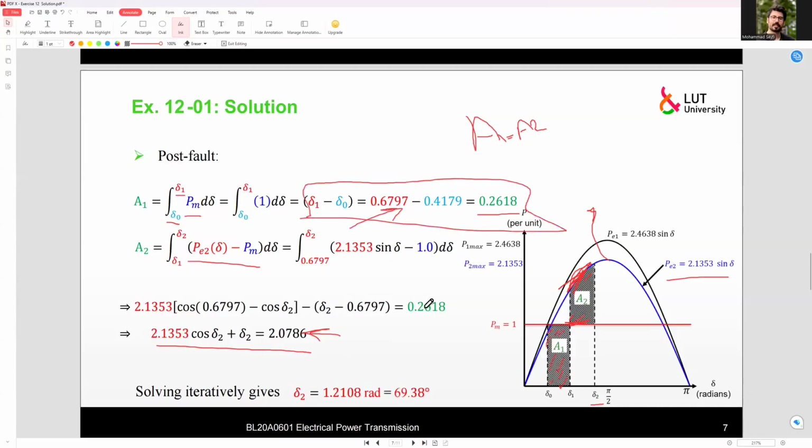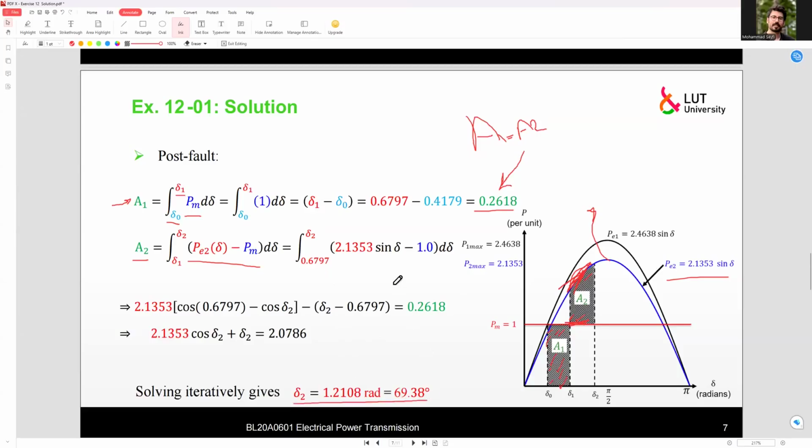So then we have this, A1 equal to this, and we calculate A1, which is equal to 0.2618. And as I mentioned, A2 should be equal to this one. So we have the formulation for A2, and then we make it equal to this. So by solving this, we can have delta 2 equal to 1.2108 rad. Okay.